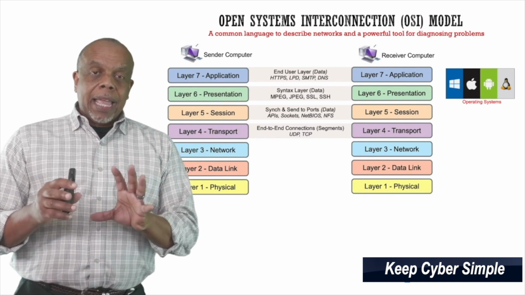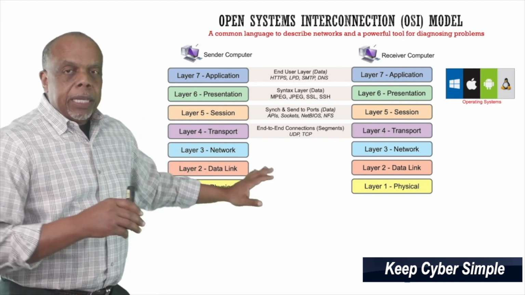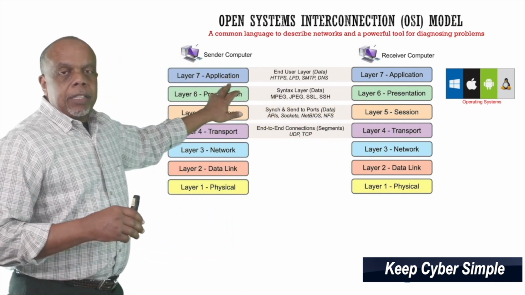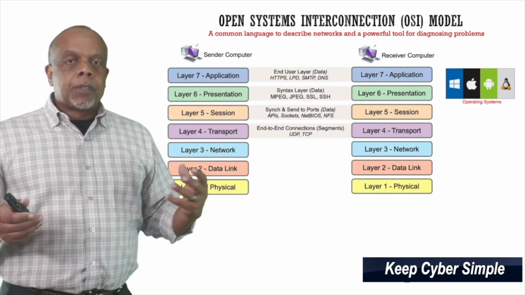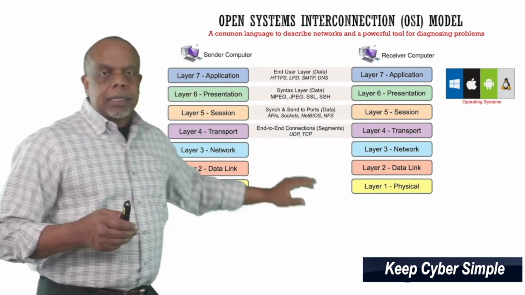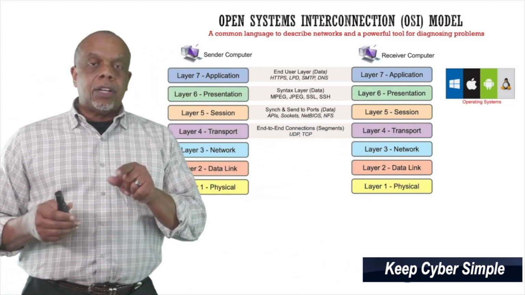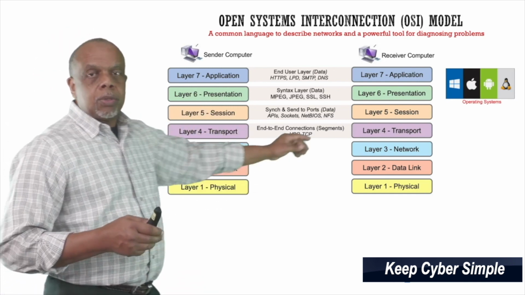Now, the presentation layer prepares your information so that when it gets to the other end, it can be recognized. If I just had a bunch of text or data and I sent it, this computer over here would not know how to recognize it. But if I format it and call it a .docx, like a Word document, then it knows what to do with it.